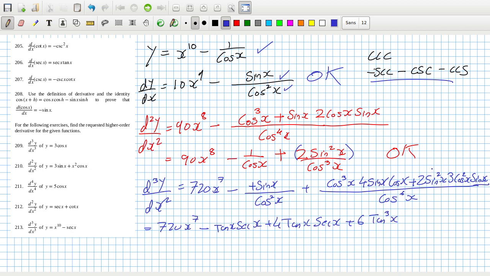So we've taken care of the sine and the sine. There's 3 left down below, and the cos, so sec. So 6. Okay, so I have 720 x power 7 plus 3 tan x sec x plus 6 tan cubed x sec x.